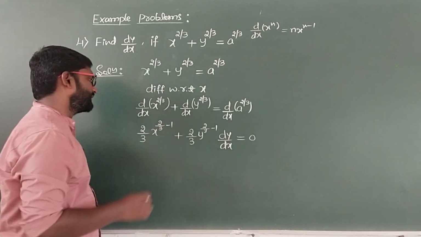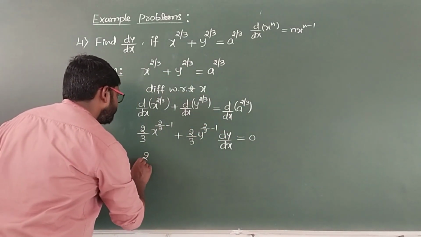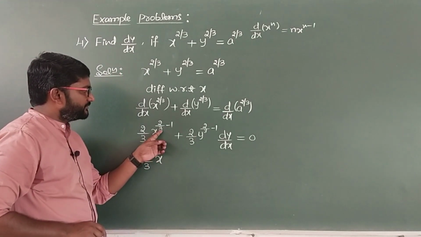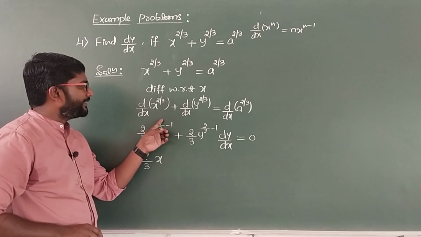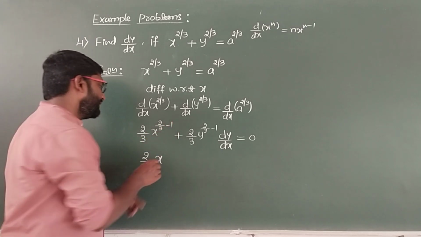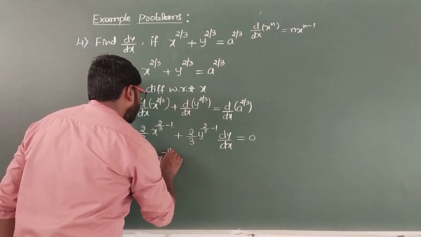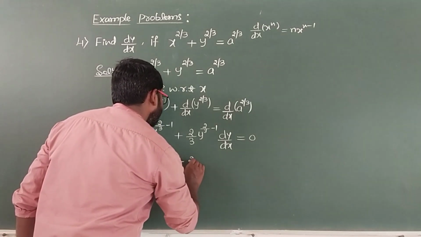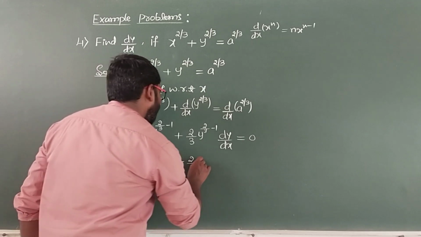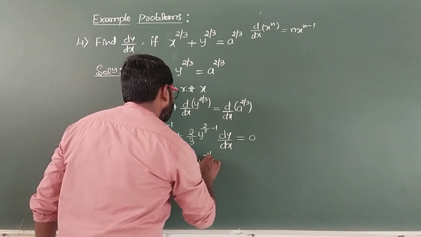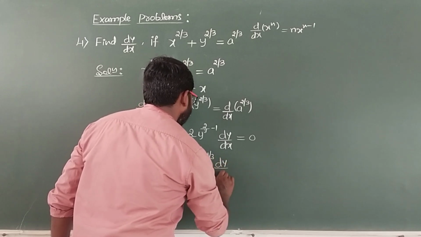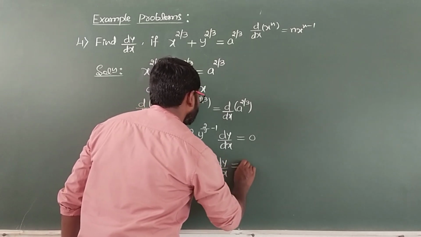Now simplify this further. 2 by 3 x to the power, take the LCM now, 3 will be multiplied, we get 2 minus 3, it is minus 1. Minus 1 by 3 plus 2 by 3 into y to the power minus 1 by 3 dy by dx, which is equal to 0.